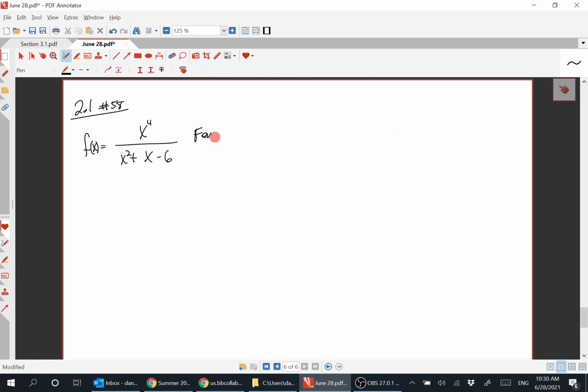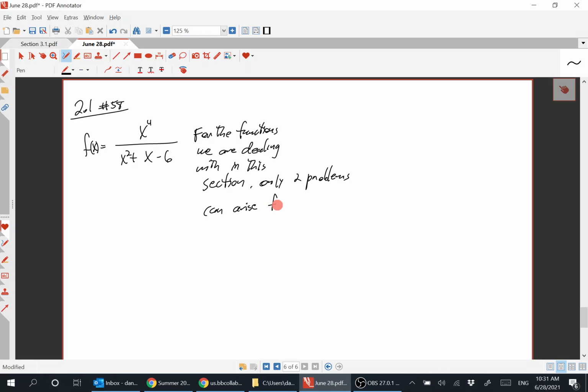So for the functions we're dealing with in this section, only two problems can arise that prevent a function from being defined.